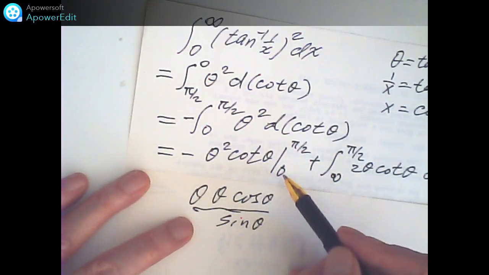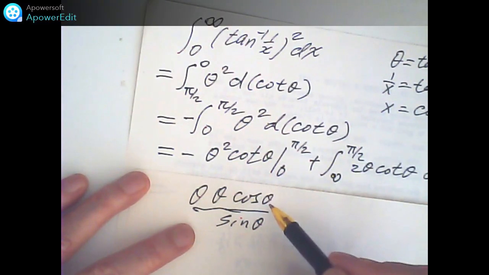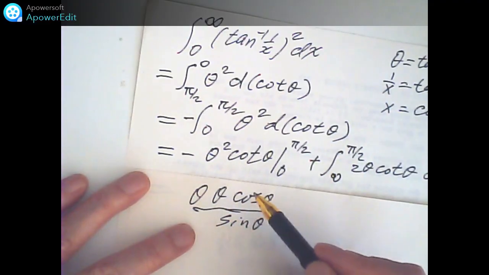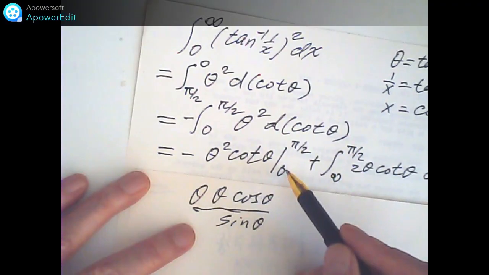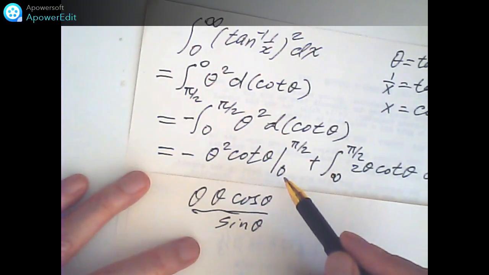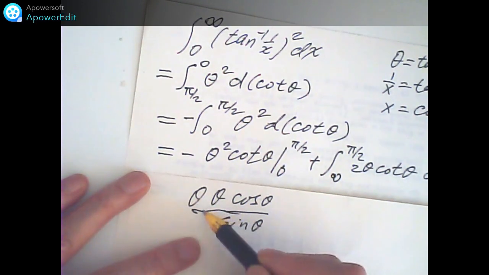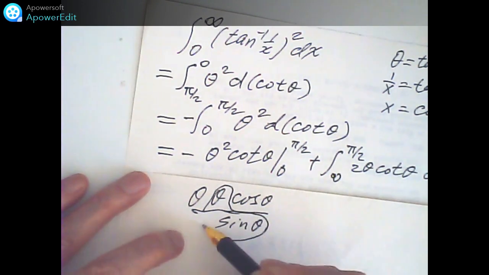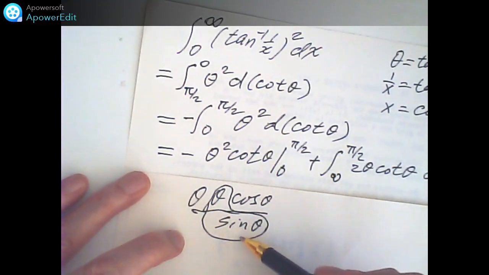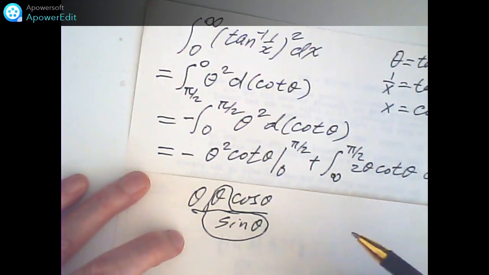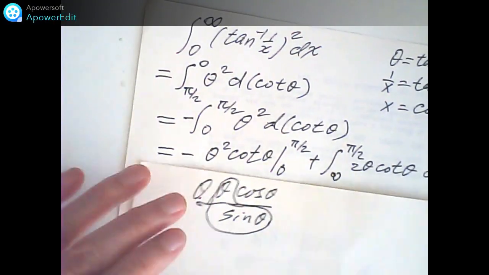When theta is 0, this is 0, this is 1, this is 0, this is also 0. But this limit is equal to 1, right? Theta over sine theta approaches 1 when theta goes to 0. This goes to 1, this goes to 0. So everything's 0.